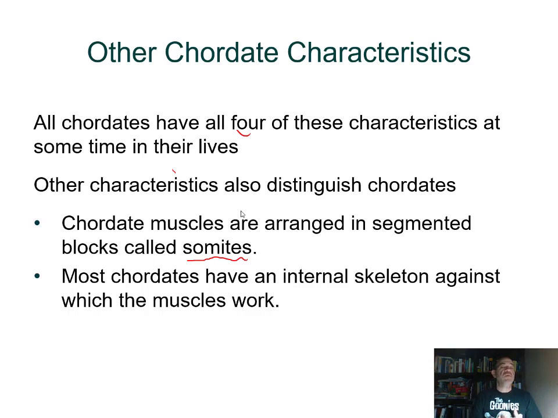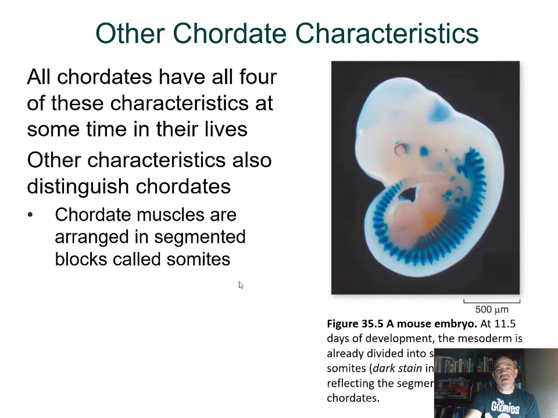It means we don't get the segmentation from another, but the segmentation has this common theme that it allows for more flexibility of the body and better and more complex movements, and the opportunity to specialize certain regions there. So the chordates are going to have an internal skeleton that muscles can work on as well, like our bones in our body.